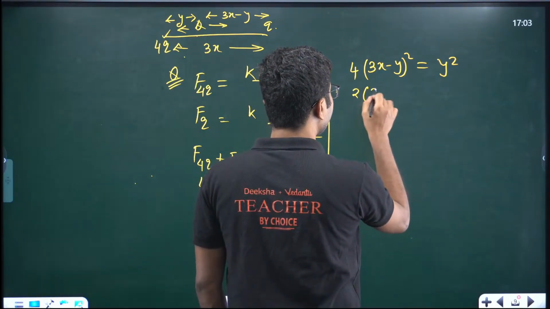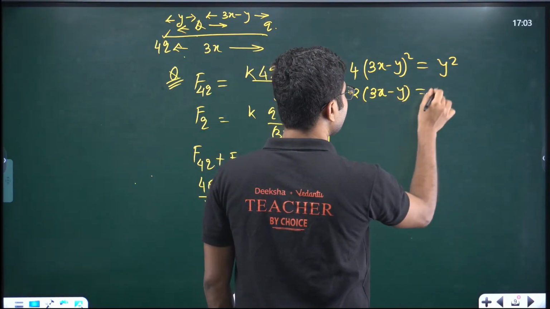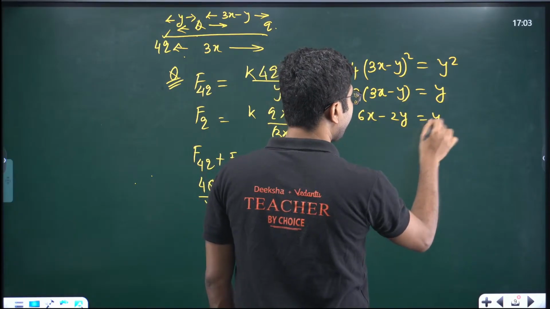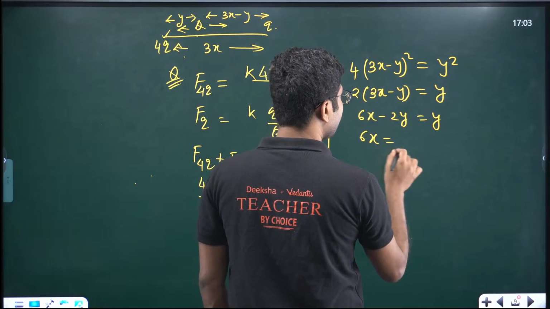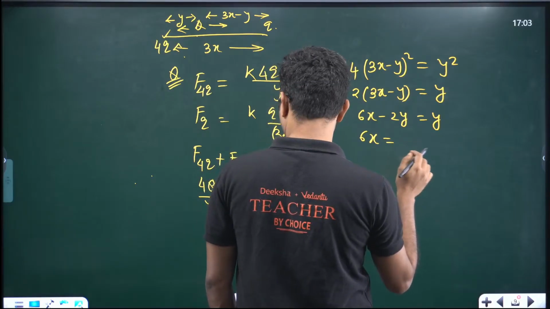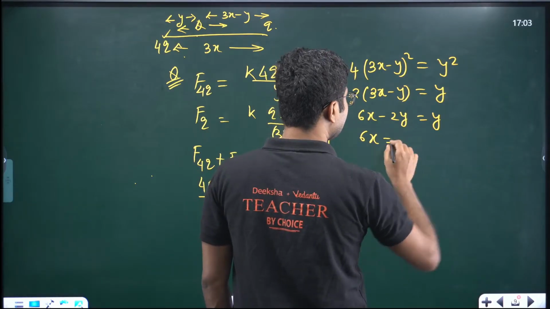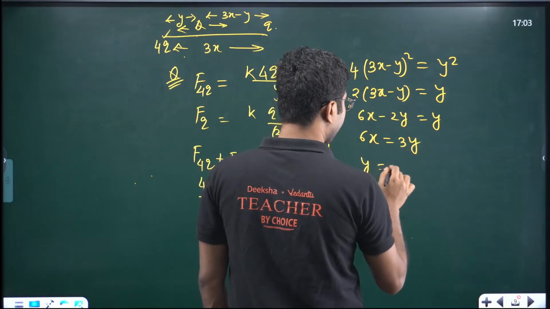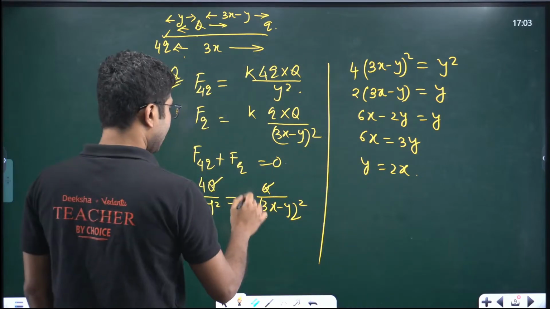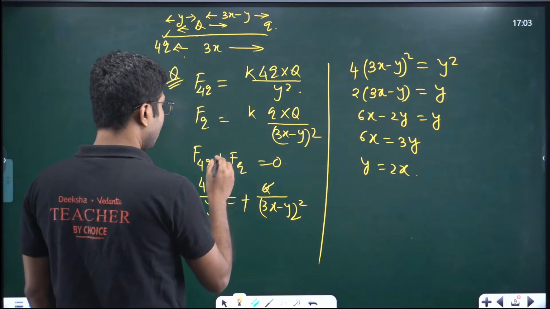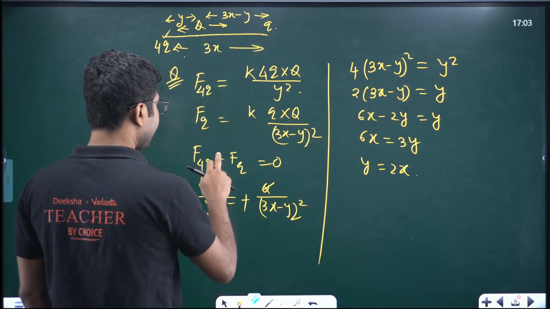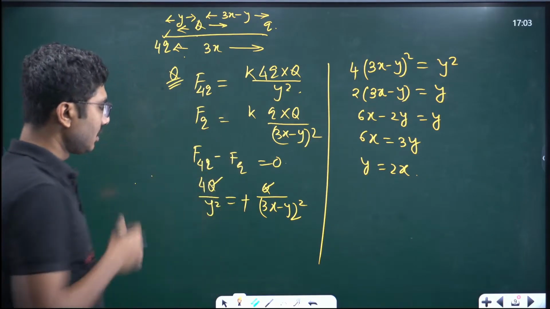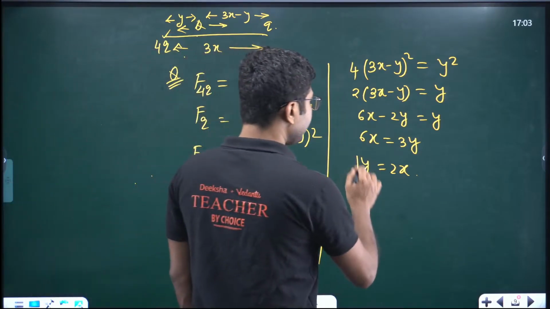We get 2 into 3x minus y equals y, or 6x minus 2y equals y, or 6x equals 3y, or y equals 2x. Now here I don't think you need to take the negative sign, because these forces are already in the opposite direction, so it will be minus here. Okay, so y value is 2x, we have calculated.